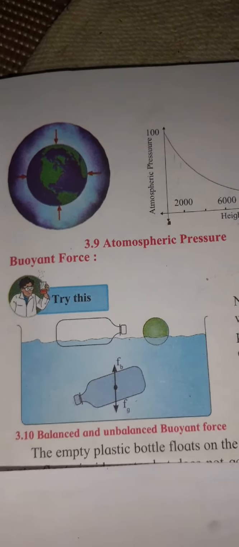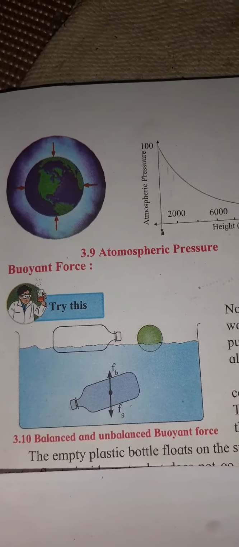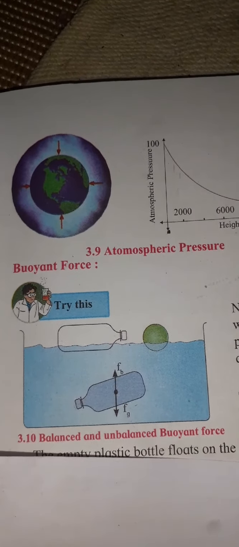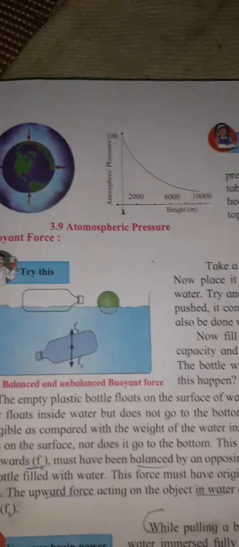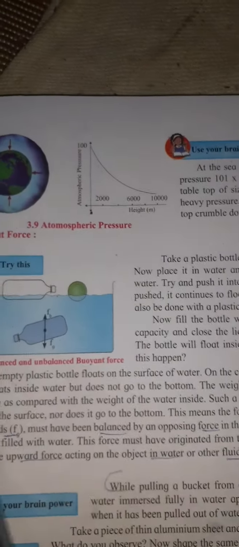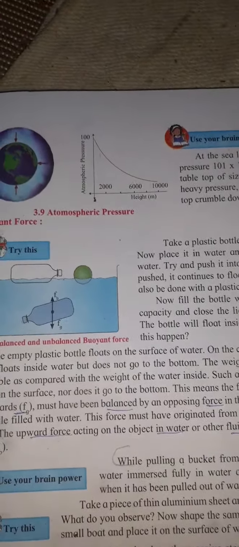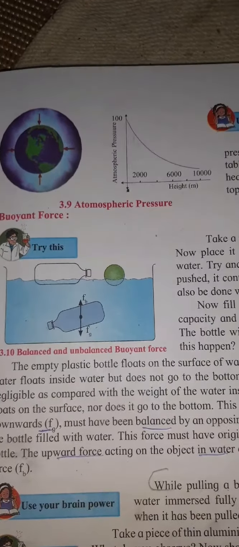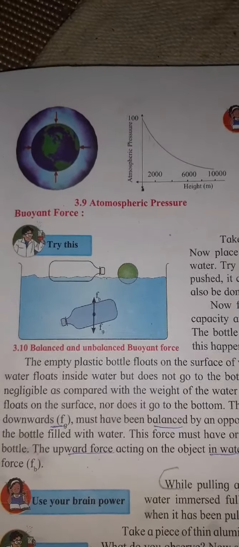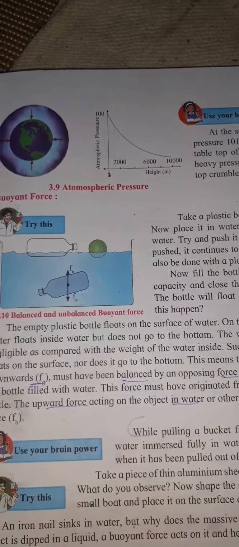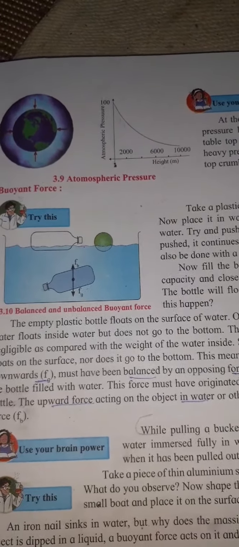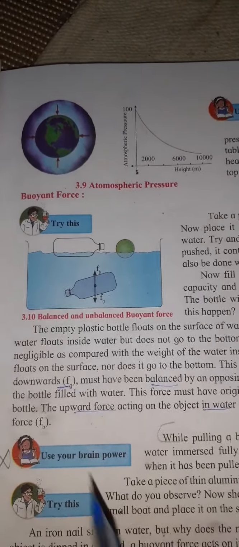Understood? This is the concept that is being explained in your textbook in this paragraph. When you read this entire paragraph, the meaning of the paragraph is what I told you just now. Always remember, gravitational force acts in the downward direction.